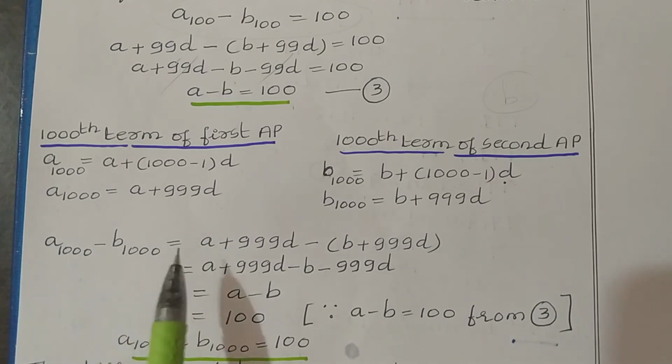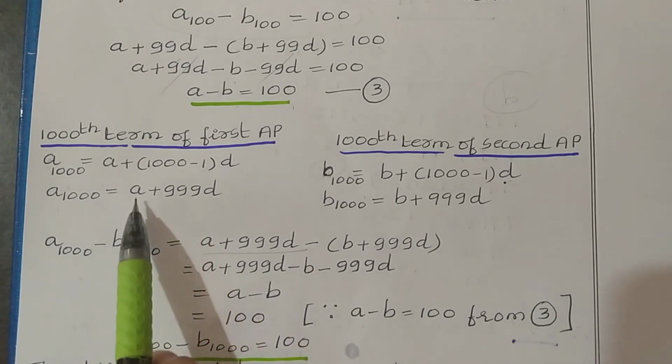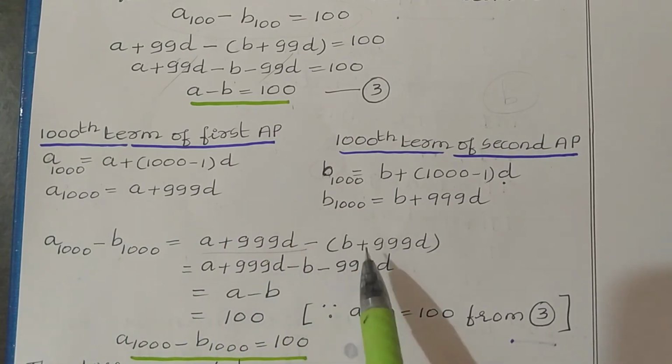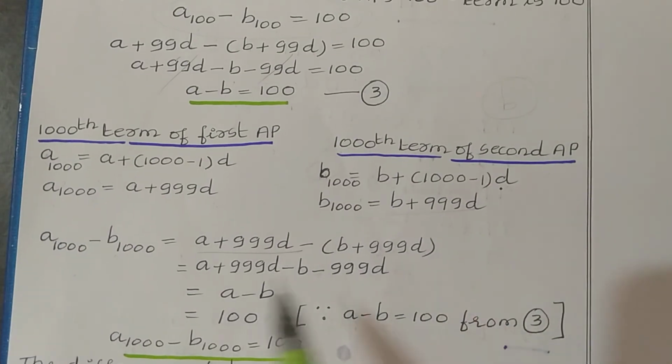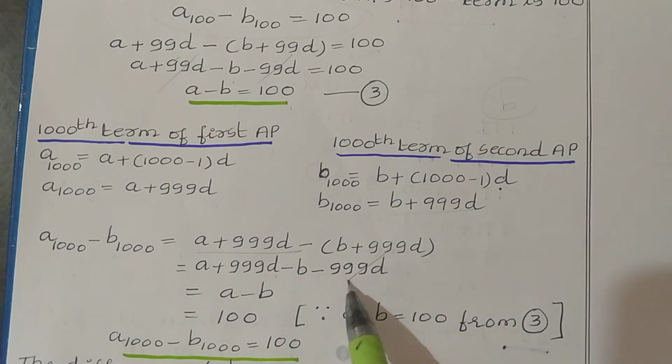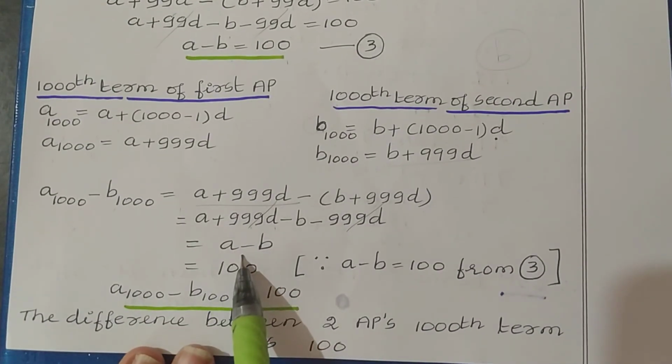Next, find the difference. a1000 minus b1000 is equal to a plus 999d minus b plus 999d. That is a plus 999d minus b minus 999d. So this will get cancelled and we get a minus b.